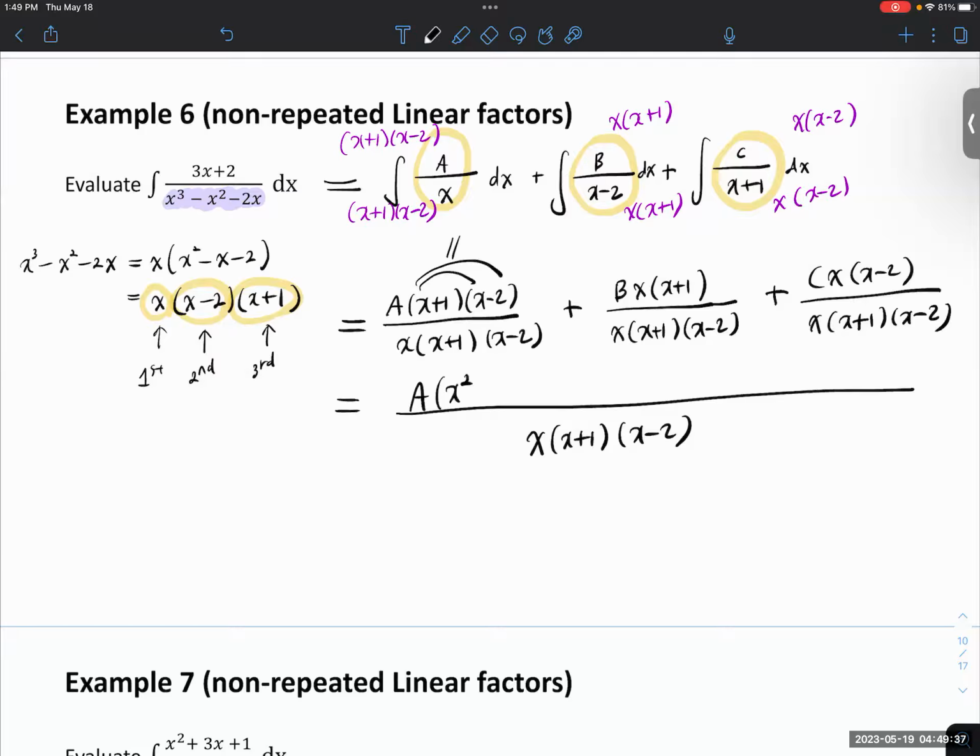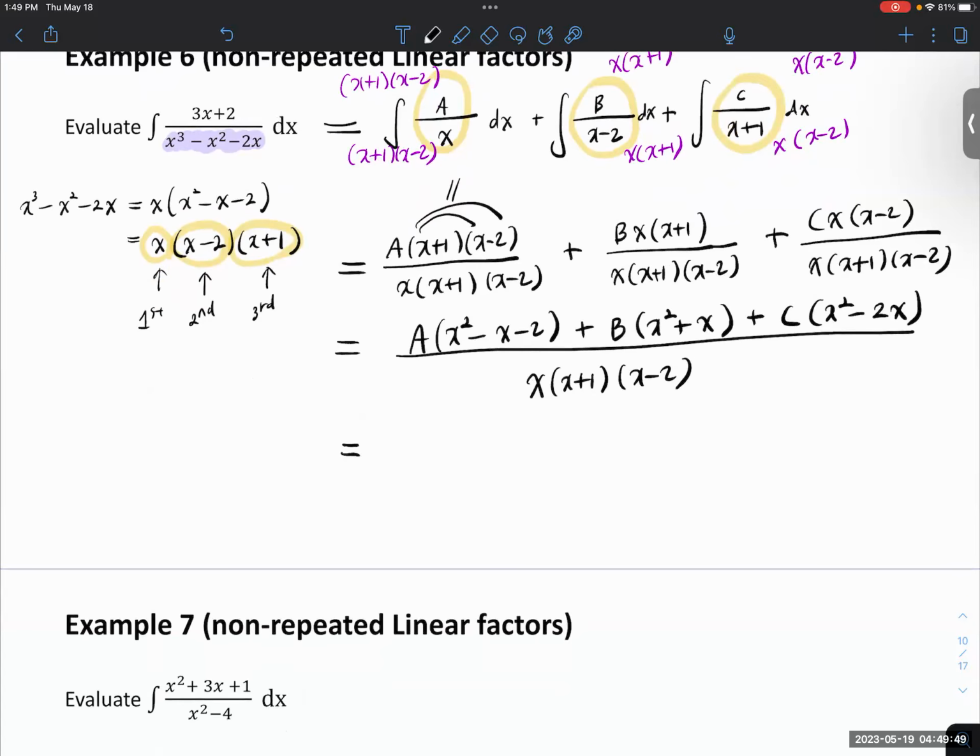A, x squared, minus a x, minus 2a, b x squared plus b x, c x squared minus 2c x. And I'm going to keep going. Do one more time of distributive property.